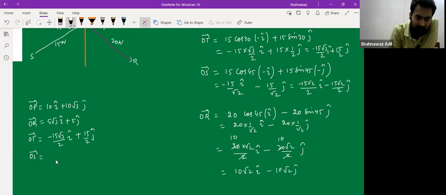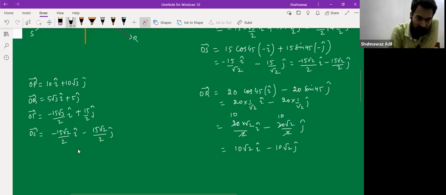OS is minus 15 root 2 by 2i and minus 15 root 2 by 2j. Okay, and then you have this OR. So OR is 10 root 2i and then 10 root 2j.